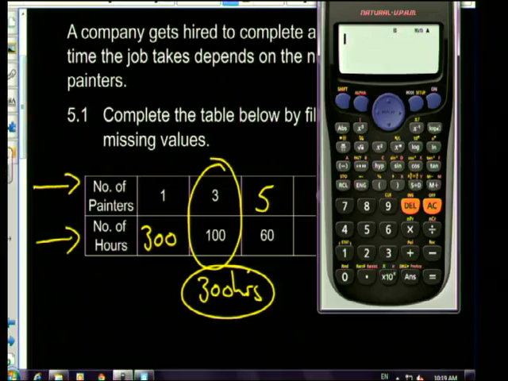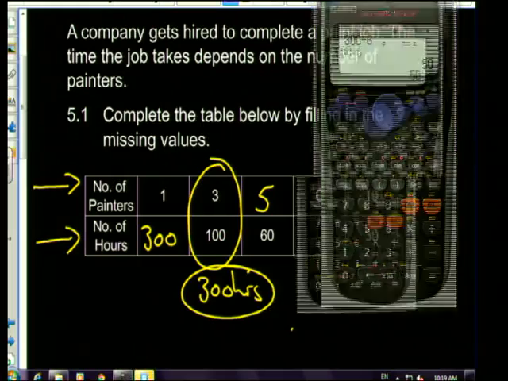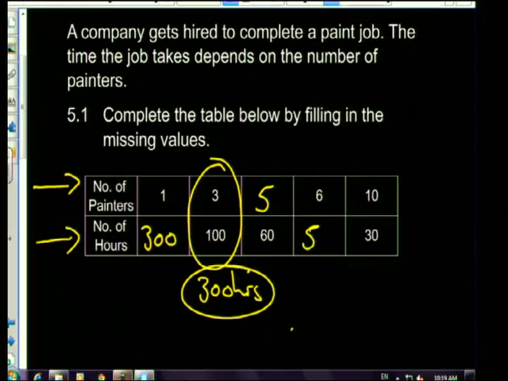I've got 300 hours worth of work to do, and I'm going to get 6 guys to paint it, then each guy is only going to need to do 50 hours worth of work. So I'm going to need 50 hours for 6 painters. If I had 10 painters, each painter would only take 30 hours. Okay, nice question, eh? But a trick one that gets students every single time in matric.